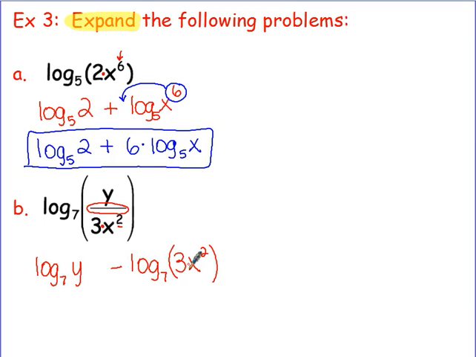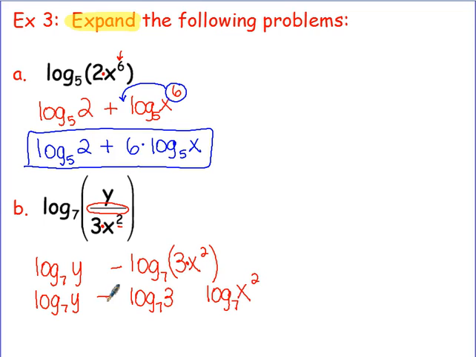This second log, that's a multiplication sign. So I'm going to keep the first log, I'm going to subtract, and I'm going to change this now into 2 logs. So 1 log, 2 logs. 3 goes with the first one, x squared goes with the second one, but be careful.